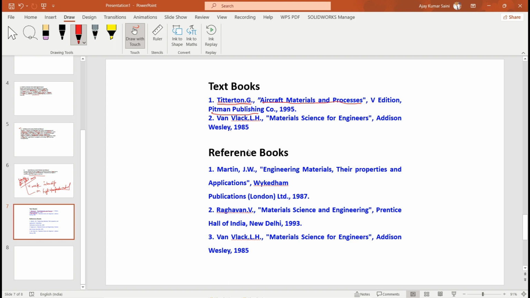Okay, so you can search at least one time. So you can choose any one book, according to you, whichever book is good for you. So all the books are good.